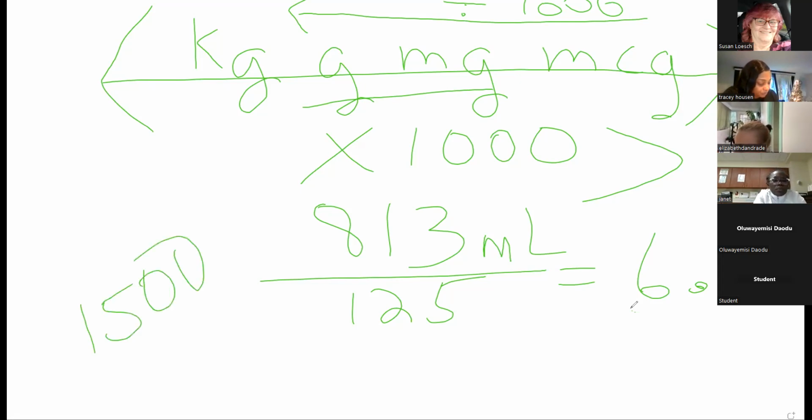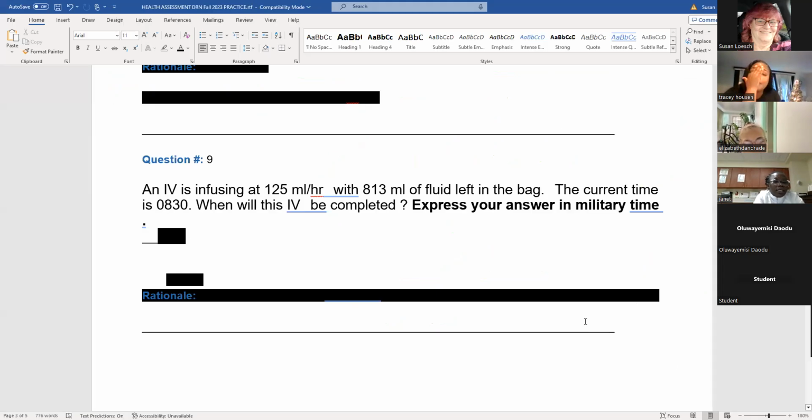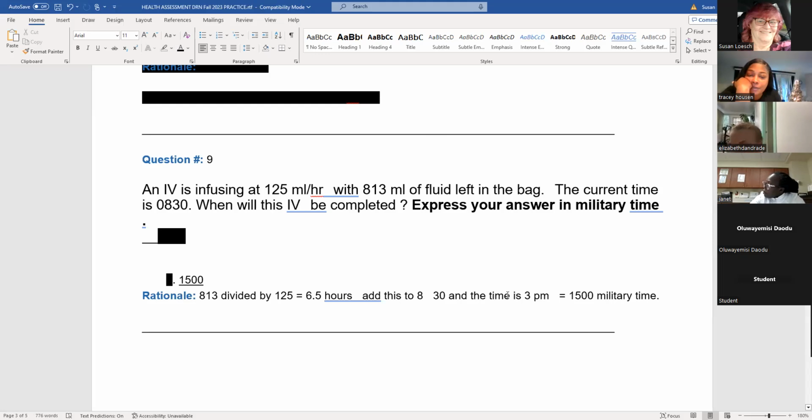Everybody go with me there? All right, so there it is on paper also so that you could see it.